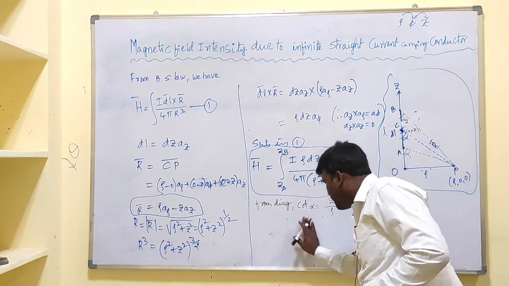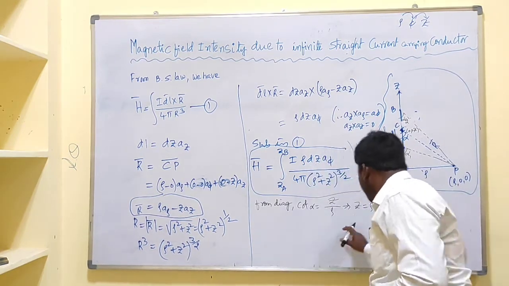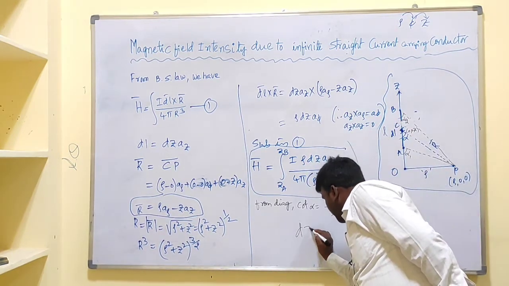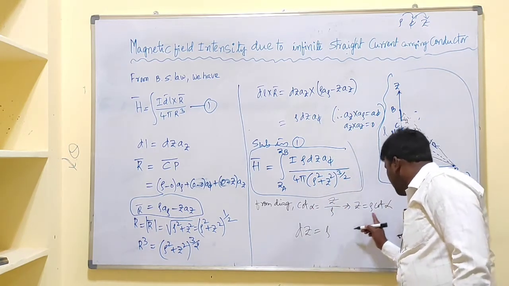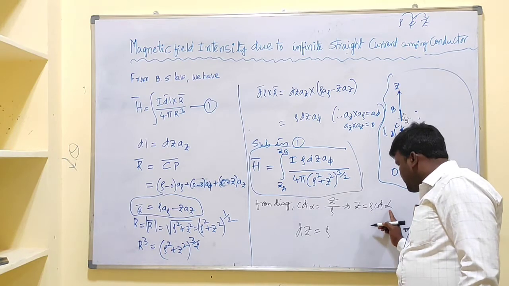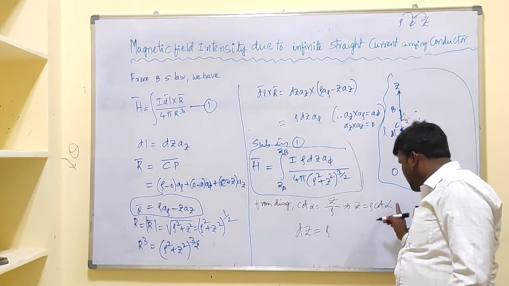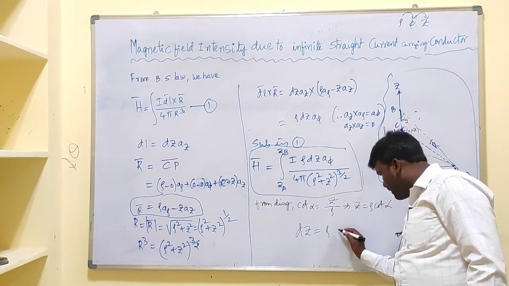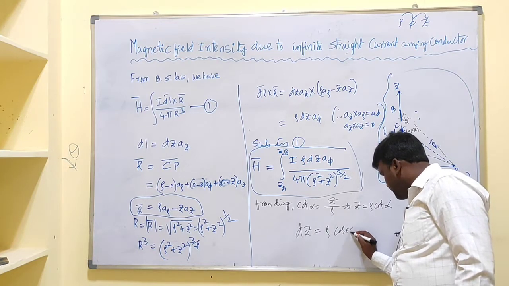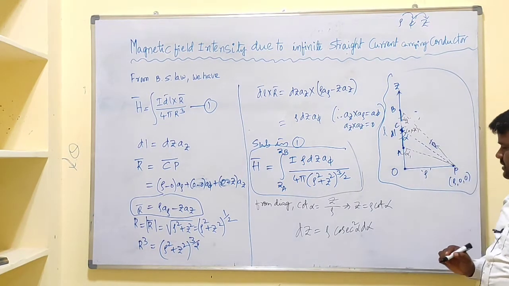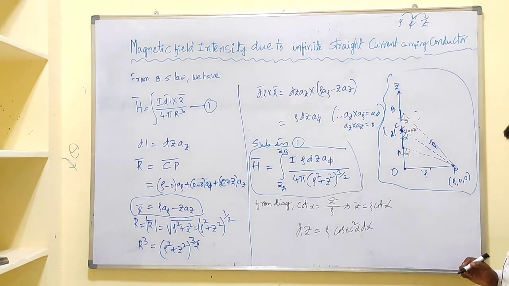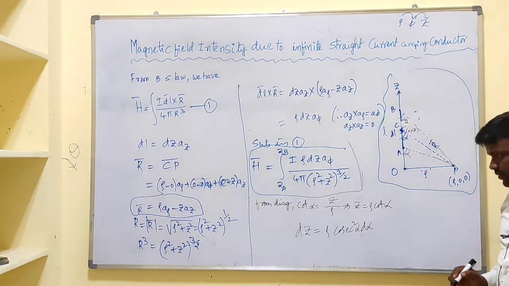So if we apply differentiation on both sides, we get dz. Rho is treated as constant, and the change in z leads to a change in alpha. The differentiation of cot alpha is nothing but negative cosecant square alpha d alpha.